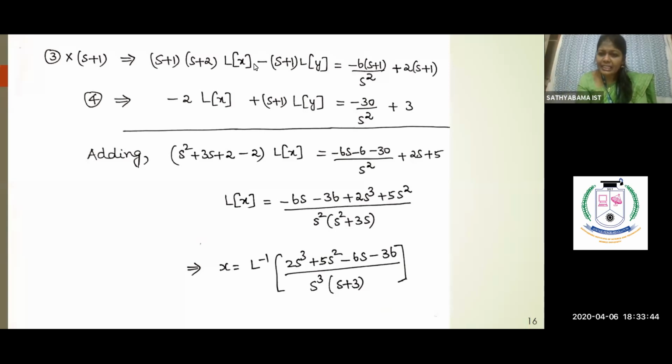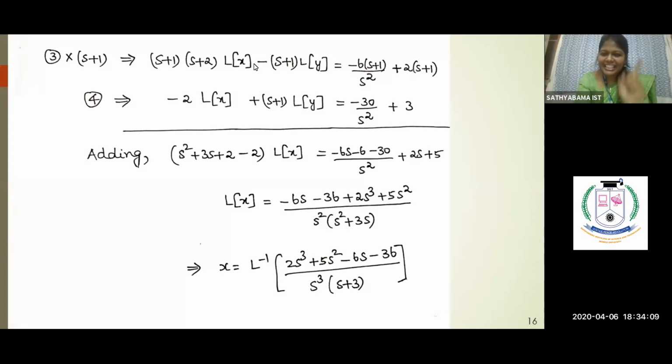You understand? So it is a linear factor which is repeating 3 times. S plus 3 is also a linear factor, but it is not repeating. So when I go for partial fractions, how will I write this? I want you to concentrate on only the last step, the function that is inside the square bracket. I'm going to take that function and go for partial fractions.